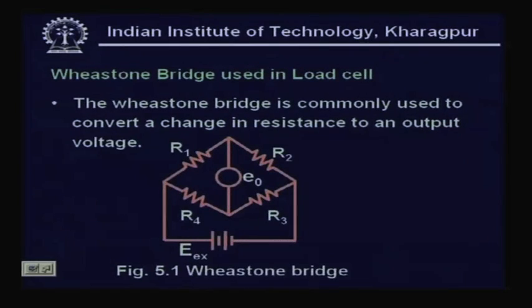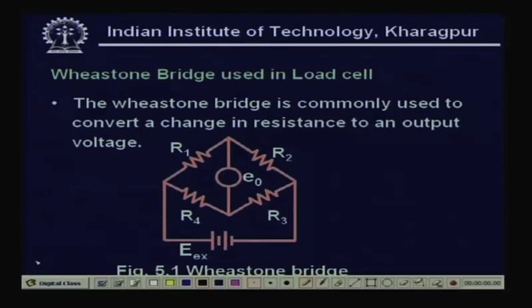You see, this is our basic Wheatstone bridge circuit, and you can see here that we have used 4 resistances. This is R1, then we have R2, then we have R3 and R4, and we have used an excitation E_ex, that is the excitation voltage.